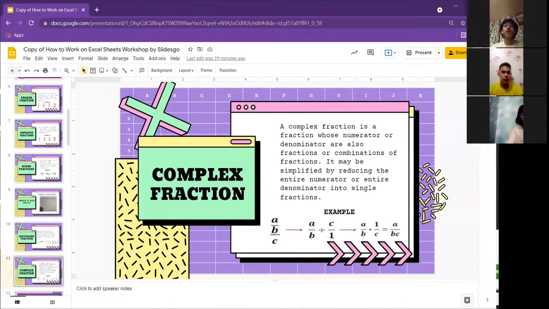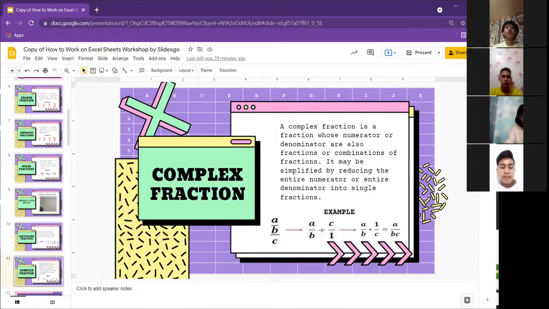Complex fraction. A complex fraction is a fraction whose numerator or denominator is also a fraction or a combination of fractions. It may be simplified by reducing the entire numerator and the entire denominator into a single fraction. Example, (a/b) over c.